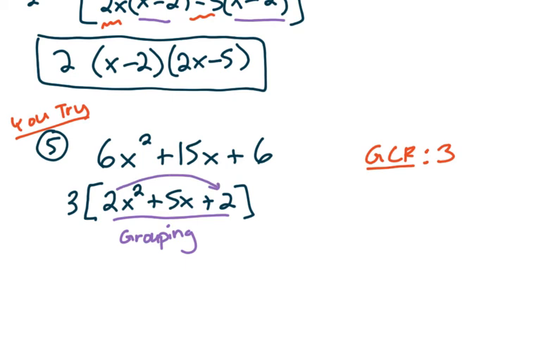So 2 times 2 means I'm looking for factors of 4 that have a sum of 5. Those two numbers should be 1 and 4. So we would split this into a plus 1x and a plus 4x.